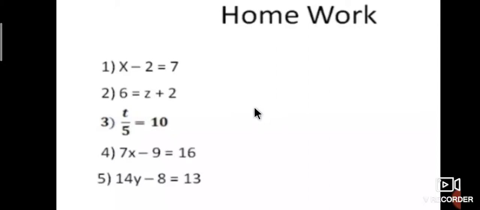X is equal to 25 divided by 7. That is the solution. Next one is 14y minus 8 is equal to 13. 14y is equal to 13 plus 8. Therefore, y is equal to 21 divided by 14 is the solution of all these equations.